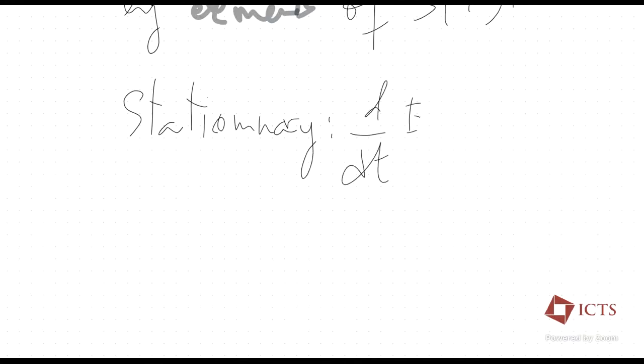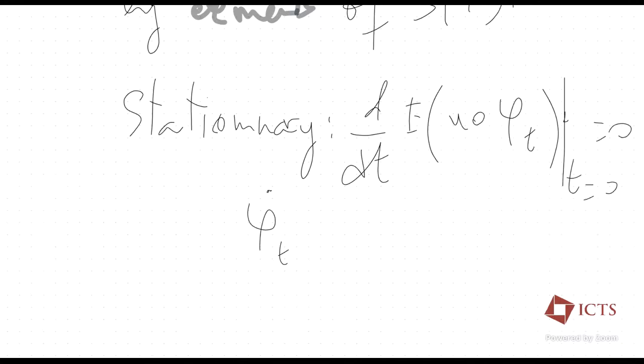Stationary maps, as I mentioned before, are maps satisfying this criticality condition at t equal to 0, where phi of t is a one-parameter family of diffeomorphisms close to the identity.